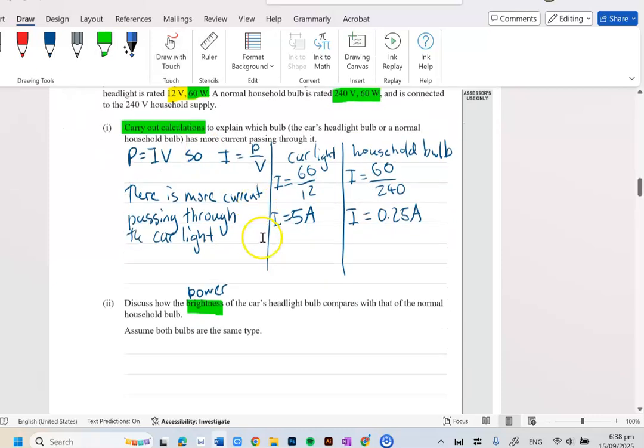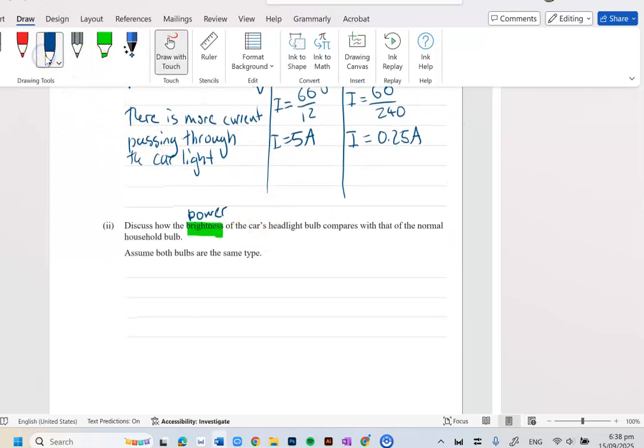So let's just start off with writing something like both bulbs have the same power.